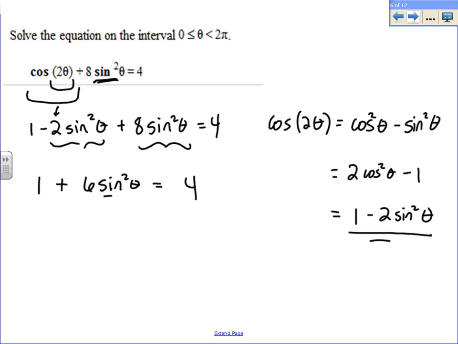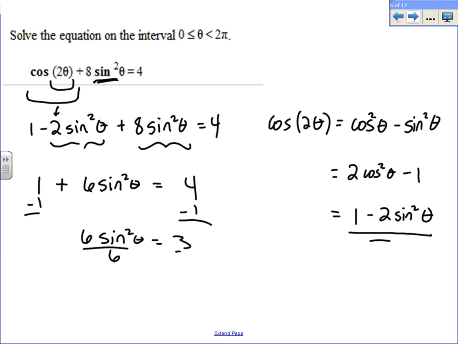It doesn't have sine squared and then another sine somewhere. So I'm just going to isolate sine squared theta. And eventually what I'll do to get rid of the square is take the square root of both sides. Notice I'm going to subtract 1 off both sides there, so I can isolate it. So I'll get 6 sine squared theta equals 3.